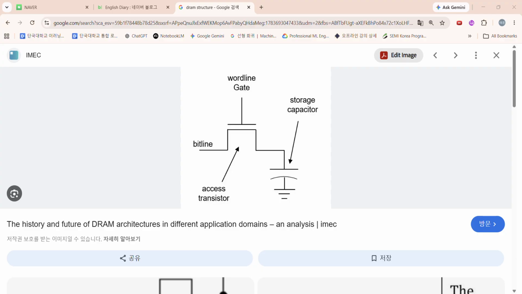One transistor turns on, then one capacitor stores charge. The binary number is 1. And we expressed this one, and there are three numbers that are 0.